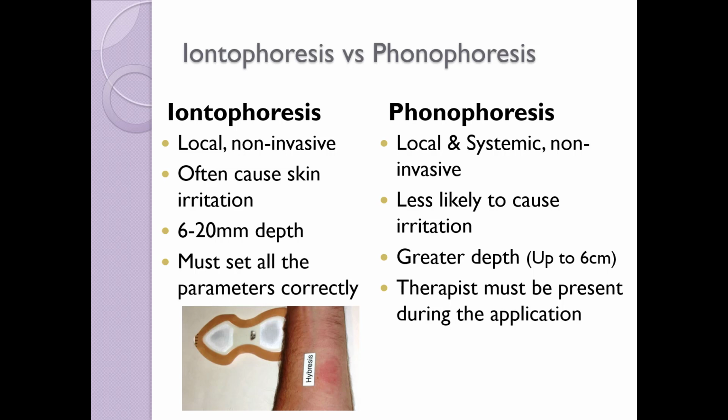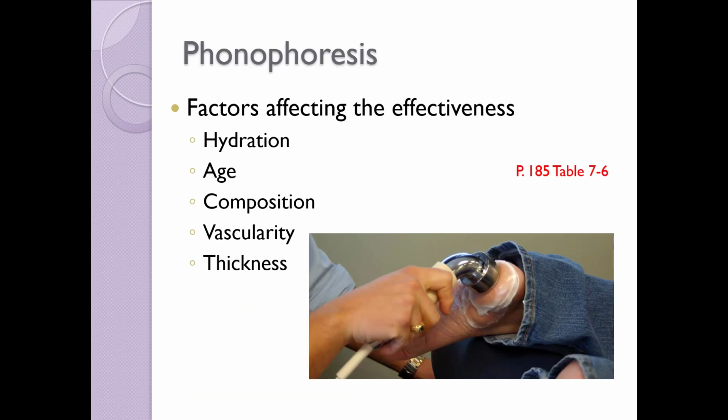In addition, the skin is not broken, such as with a needle, to administer the medication. Phonophoresis is less likely to cause skin irritation. The target tissues can be reached up to 6 centimeters, which is a much greater depth than iontophoresis. However, the therapist must be present during the application to perform the ultrasound and phonophoresis treatment for the patient.